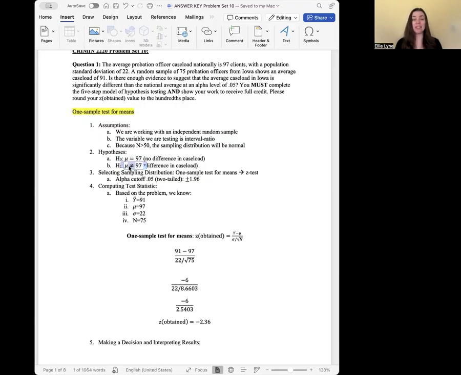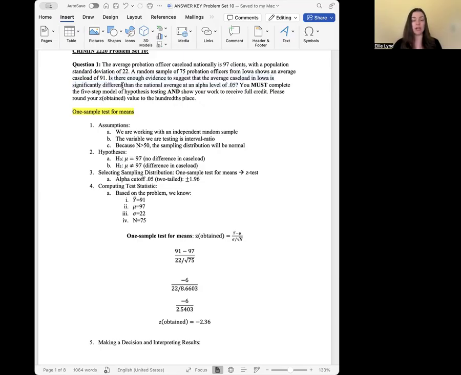Is it going to be a less than, a greater than, or a not equal to sign? And to figure that out, we have to revisit the problem itself to see what language is utilized in the research question. So I see that that was in the third sentence here, so I'm just going to reread it to double check. Is there enough evidence to suggest that the average caseload in Iowa is significantly different than the national average at an alpha level of 0.05?